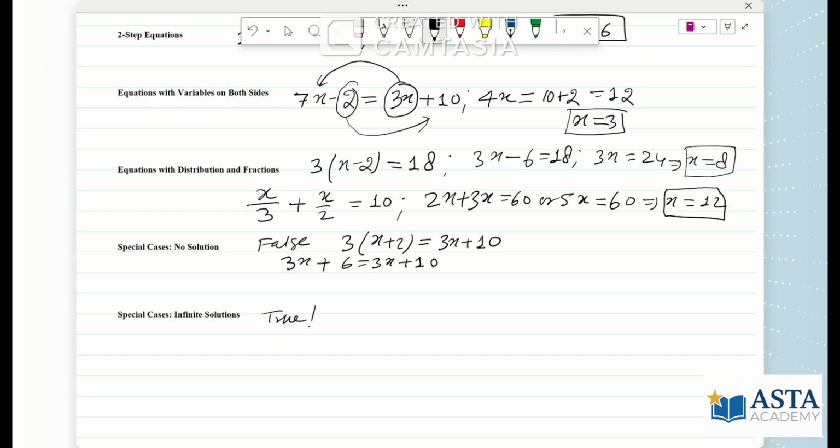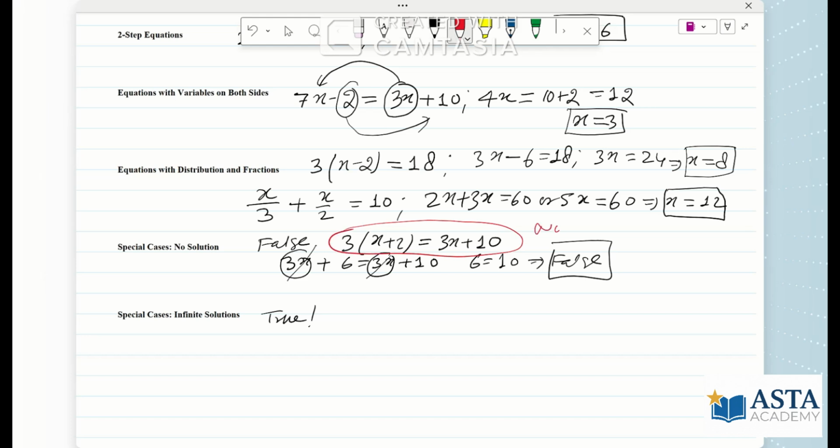Now you see that you have 3x on either side. That means it will cancel out. So what remains is 6 is equal to 10, which is not true, it is false. So if you result in a false situation, then there cannot be any solution. All right, so there is no solution of this equation.